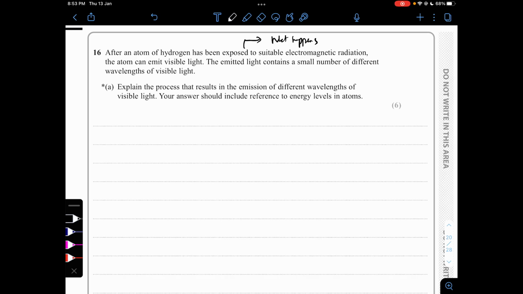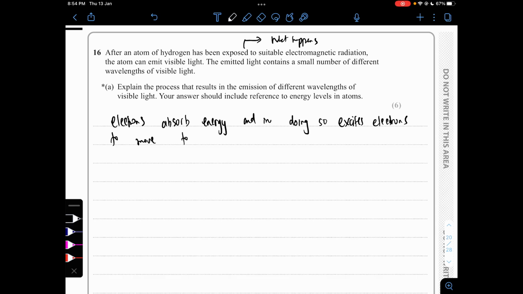So this atom, or rather electrons, do what? They absorb photons, or we can say energy. They absorb energy, and in doing so, electrons are excited to move up a level, to a higher energy level.